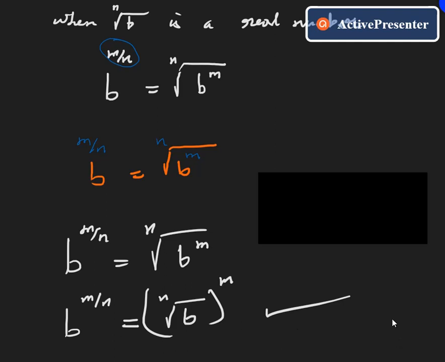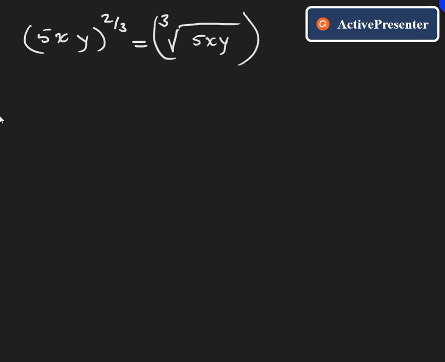Let's take a few examples. Let's say 5xy all to the power 2 over 3. This can be written as the third root of what is inside, which is 5xy, all squared.